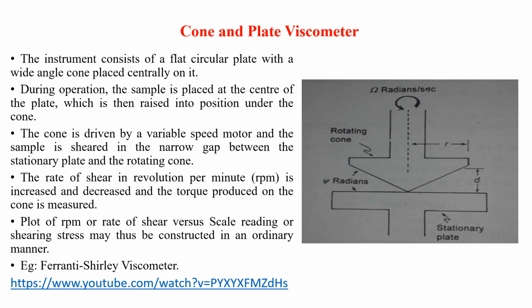Rate of shear here is expressed in revolutions per minute. And because of these rotations, there is some torque produced on the cone, and that is measured. It can be easily read from the meter that is attached to it.